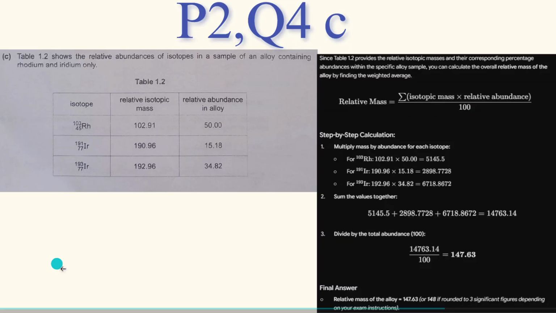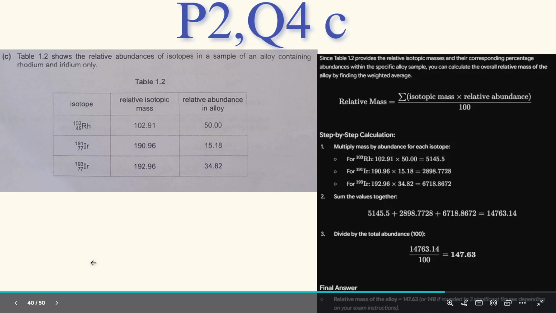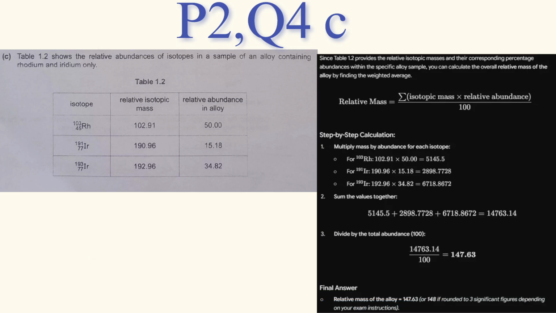We move to question 4c. The table shows the abundance of isotopes in a sample of an alloy containing rhodium and iridium only. We use the relative mass formula: isotopic mass times the relative abundance, divided by 100. So multiply mass by abundance for each isotope.